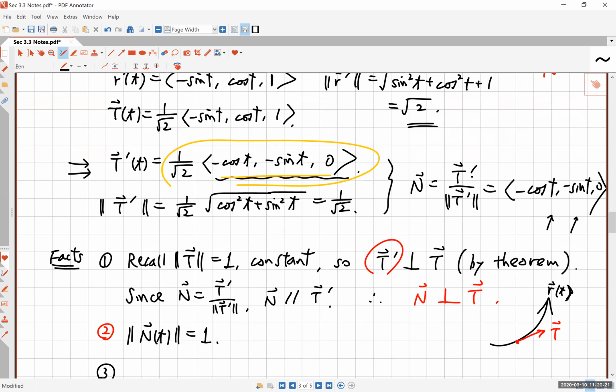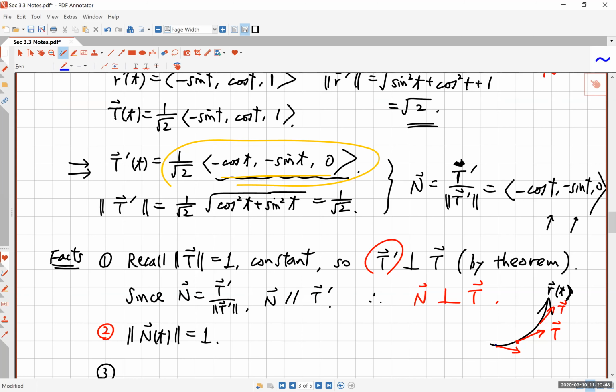N is the normalized vector in the direction of T prime. T prime tells you how capital T is changing. If you look at capital T here, it's changing from here like this, kind of curving or veering toward the left, and it is perpendicular to N.